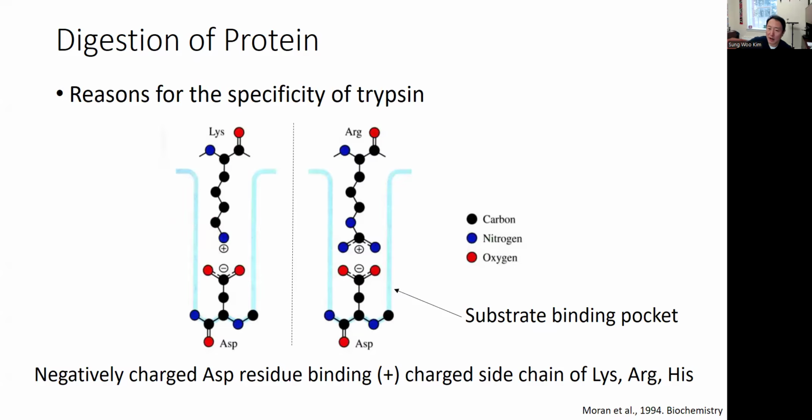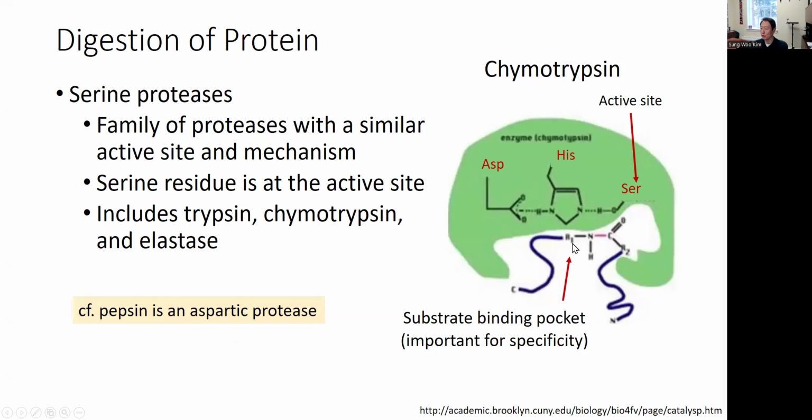Okay, let's talk a little about the reasons for the specificity of enzymes and how trypsin knows which peptide bond to cleave. Okay? So if you look at the structure of this enzyme trypsin, there is the substrate binding pocket. There is a specific area very close to the active site.